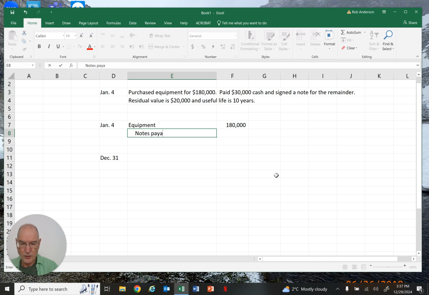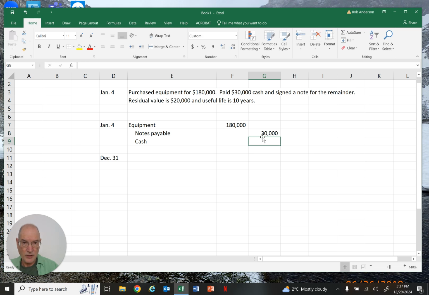So we'll credit notes payable and we'll credit cash. And that was for 30. And then the remainder on a note would be the 150. So there's our journal entry to purchase the equipment.